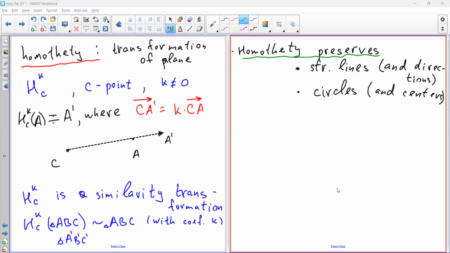So one of the possible implementations of homothety would be that in some particular situations, it may serve more or less the same purposes as locus of points. So we have some condition, and speaking of locus, that would be the set of all possible positions.